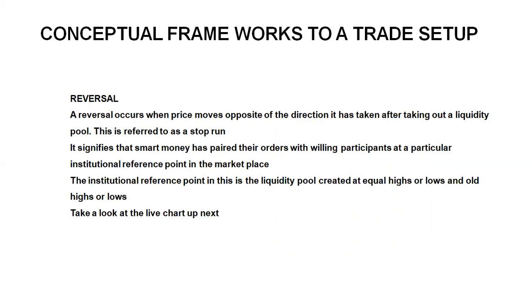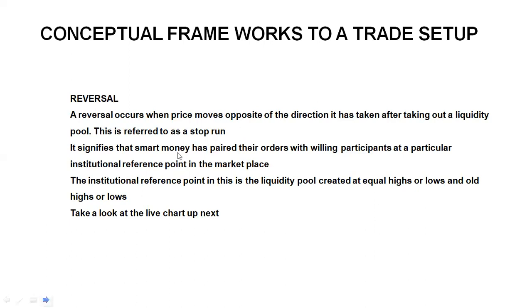So they look to get involved at resistance or support, and these are the places where smart money pairs their orders with willing participants. That means you're willing to go short at an equal high, and smart money is willing to pair their longs with your shorts, right? That's where smart money takes price to, and then they reverse price. So when they take you out, they now reverse price in the overall direction, right?